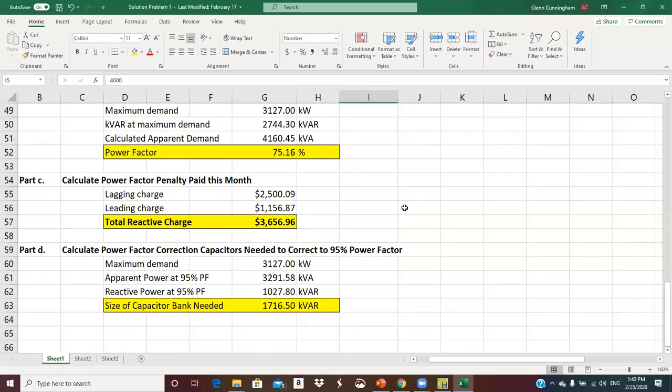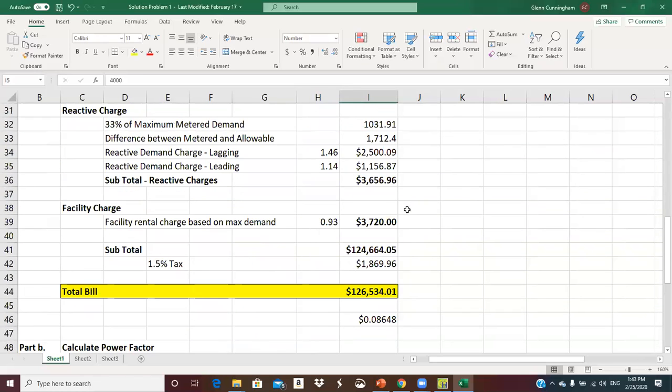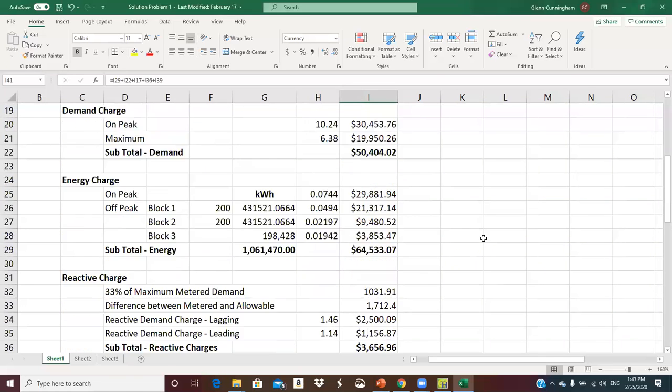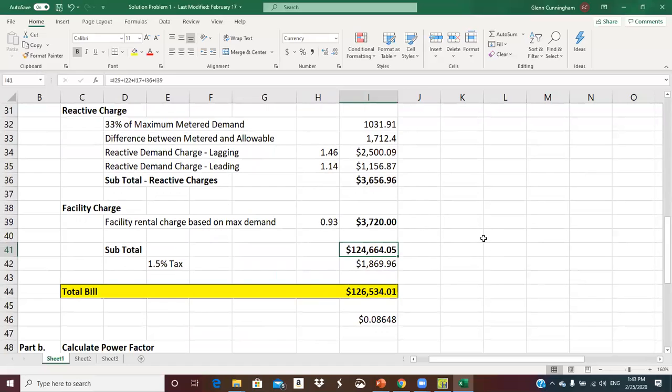If you read that logic carefully, that's the correct one. So the facility charge is $37.20. So if you add up all of those things that I have bolded there, you'll come up with 124,664.05. Take 1.5%, and the final bill is 126,534.01.